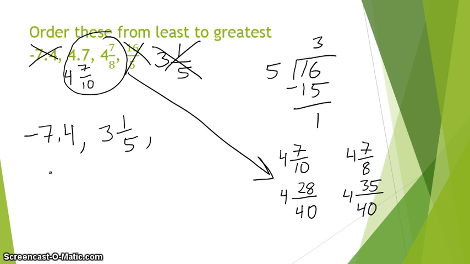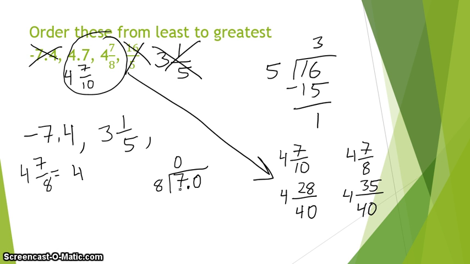Now, there is another way I can do this. I can turn 4 and 7/8 into a decimal. So I have 4 and 7/8. I'm going to set the 4 aside, and then I'm going to divide 7 by 8, the top by the bottom. So 8 doesn't go into 7, that will give me a 0, and I'm going to then add a decimal point and a 0.